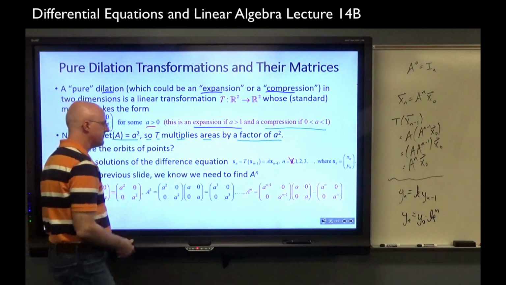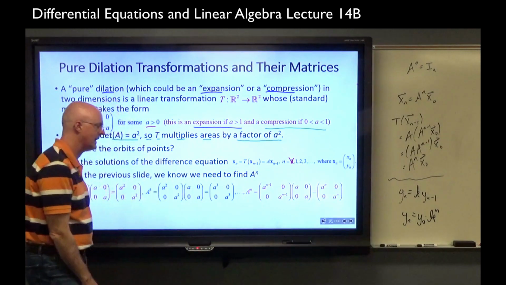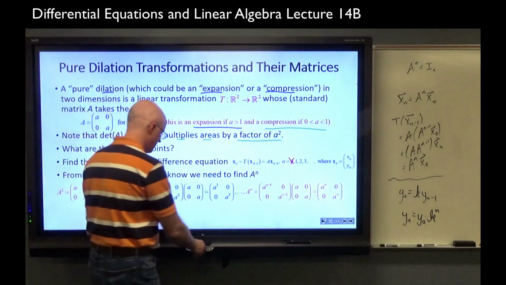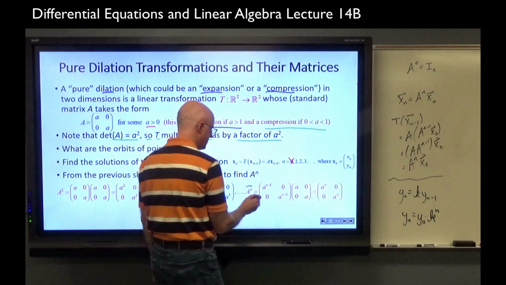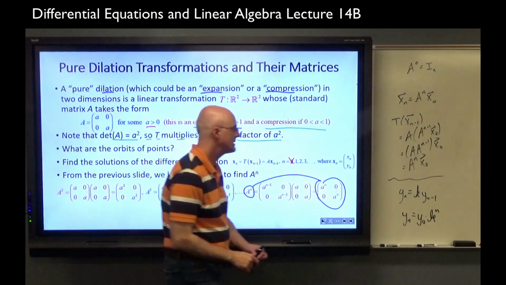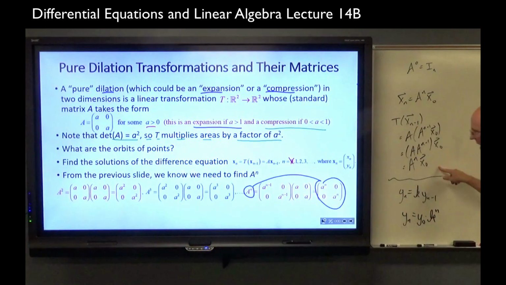A cubed is going to be similar, and you can cube the entries on the diagonal of this diagonal matrix. And in general, A to the nth power is this. Which means I can now take this expression and figure out what it equals.